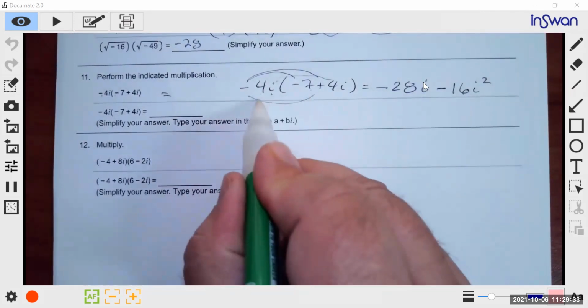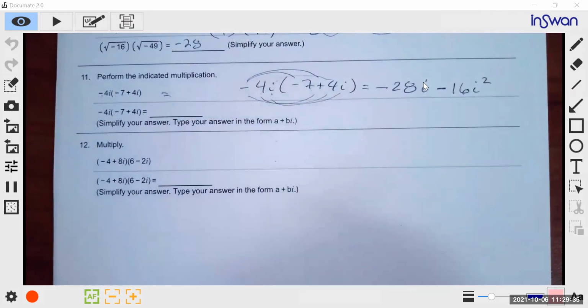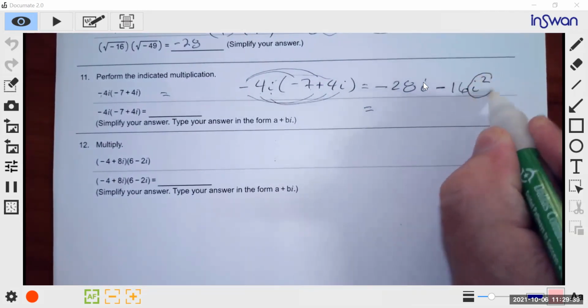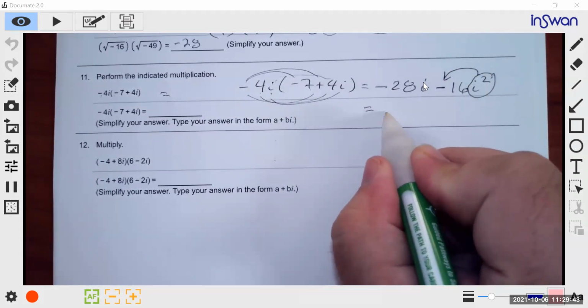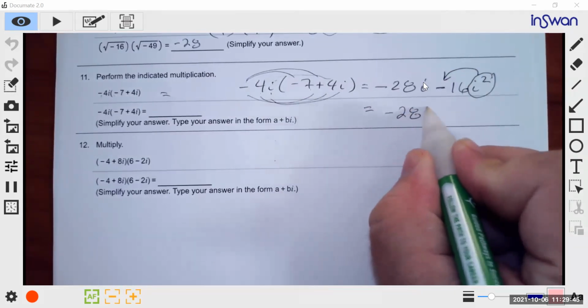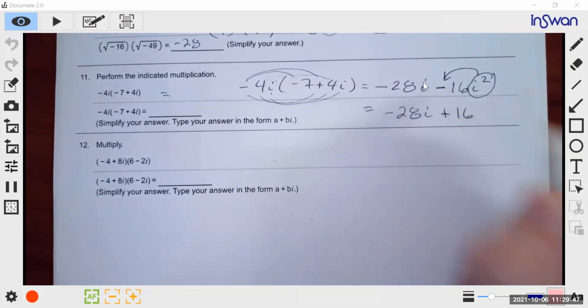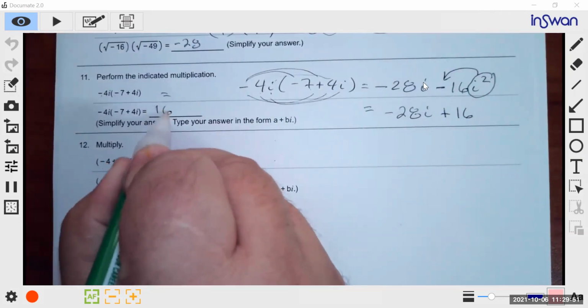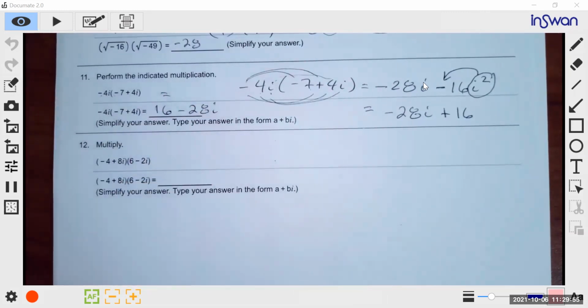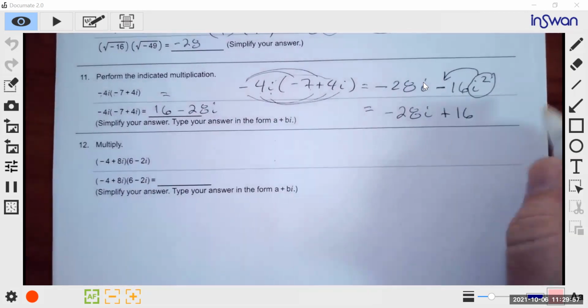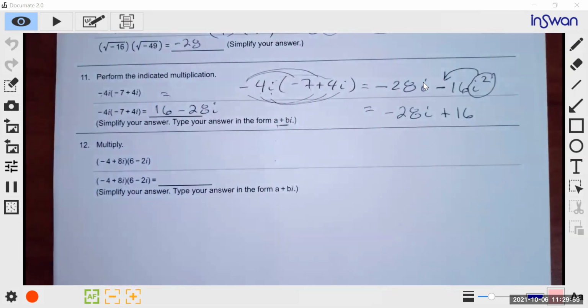So negative times positive 4, 16. So the only thing that changes, the i squared changes the sign in front of the 16. So 28i plus 16. So your answer is 16 plus 28i, because you want to put it into the form a plus bi.